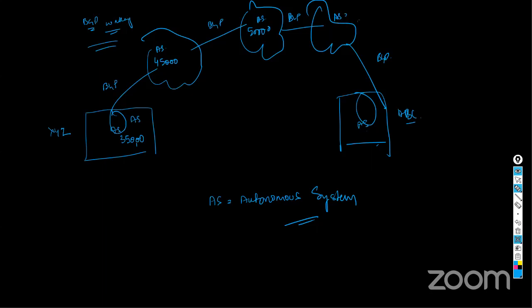This is autonomous system 55,000. This is autonomous system 60,000. This is a very important concept in BGP. In BGP, you need to know the AS values, and the BGP routes are going to be propagated across different autonomous systems.